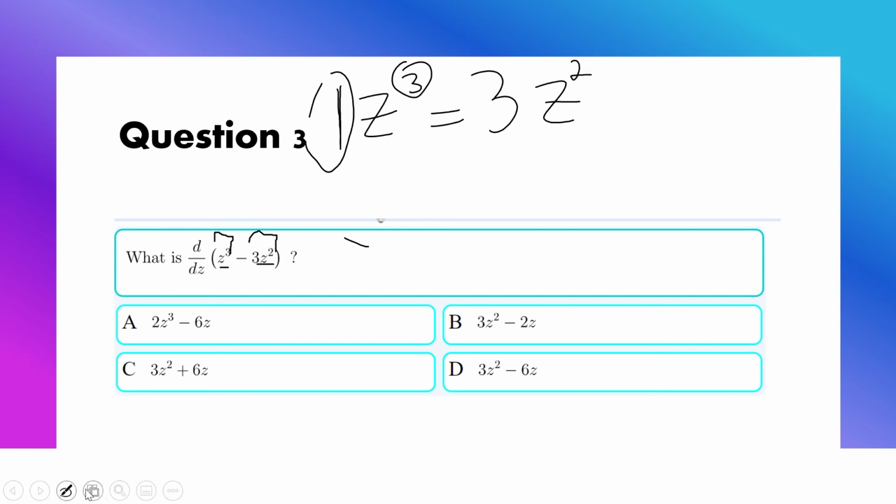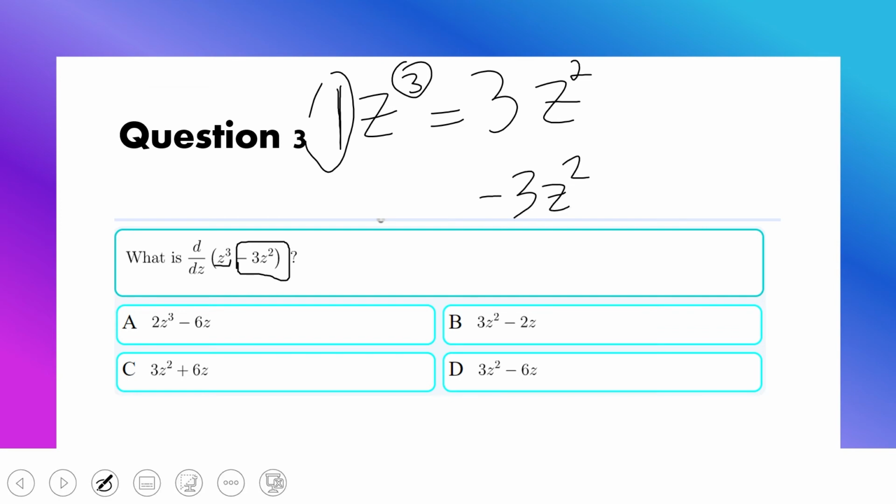Now here is where people get caught up or tricked, right? We found the derivative of this part, but now we have to find the derivative of this part here, right? But the derivative doesn't just involve this, it involves the minus sign with it, right? So that's what you must know, that you include the sign that is in front of the number, right? So you find the derivative of that.